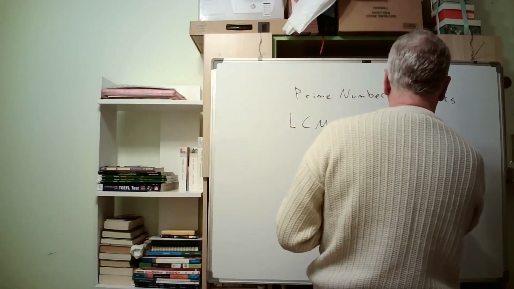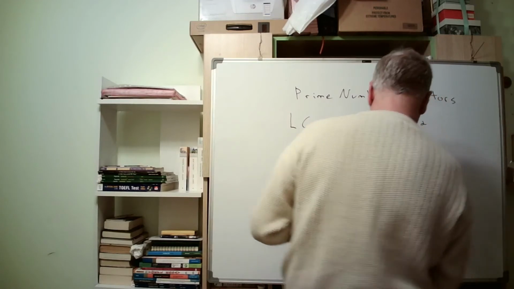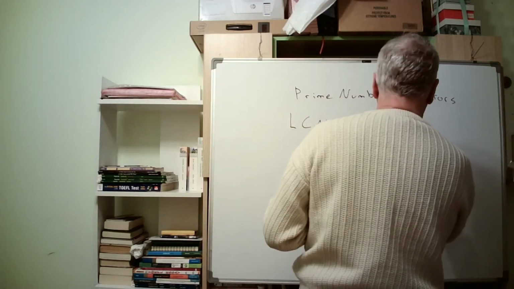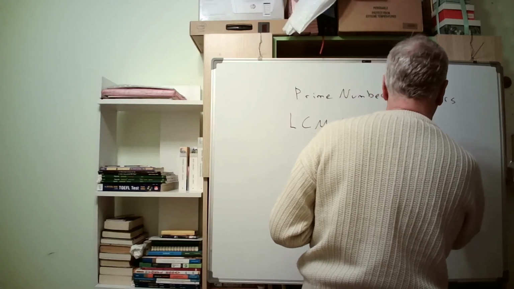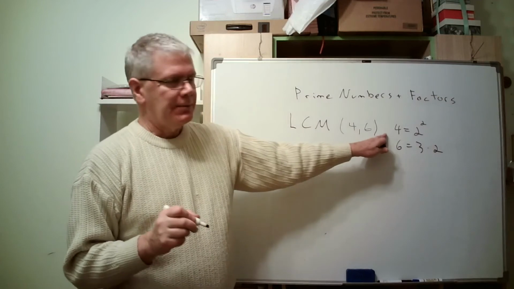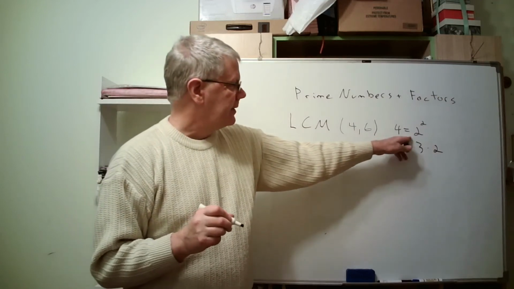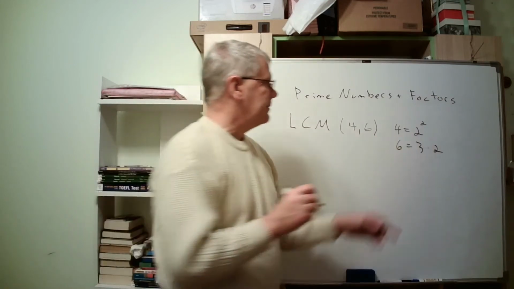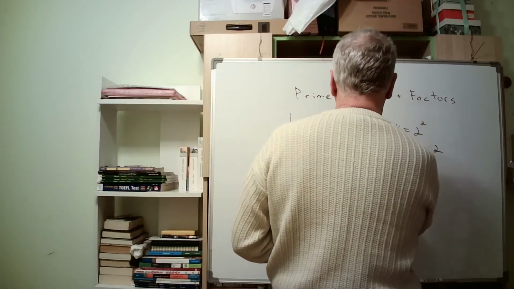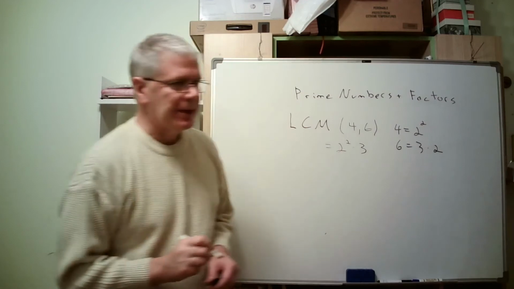And the prime factors of 6 are 2 and 3. So to be a multiple of both of these, I need to have 2 2s and a 3. And that gives me my 12.